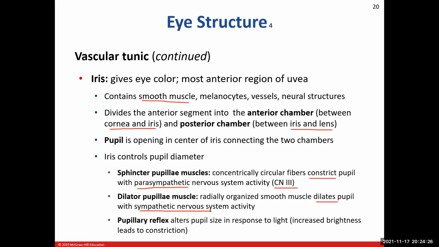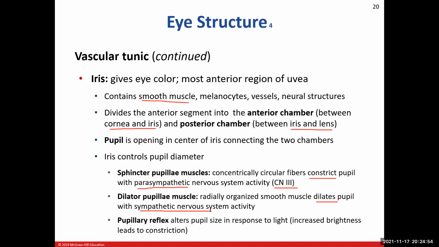All right, so when I do that, if everything is normal, your pupil should constrict, because I've increased the brightness of the light that's coming into your eye. And so when I shine that light into your eye, I am going to test cranial nerve number 2, that's the sensory component. All that sensory nerve information is going to travel on cranial nerve number 2.